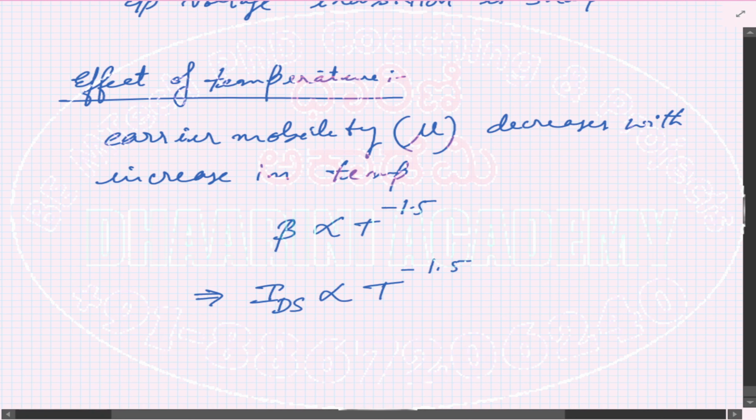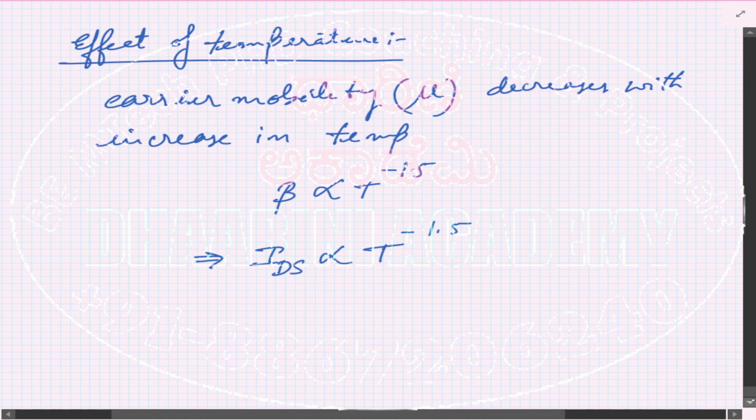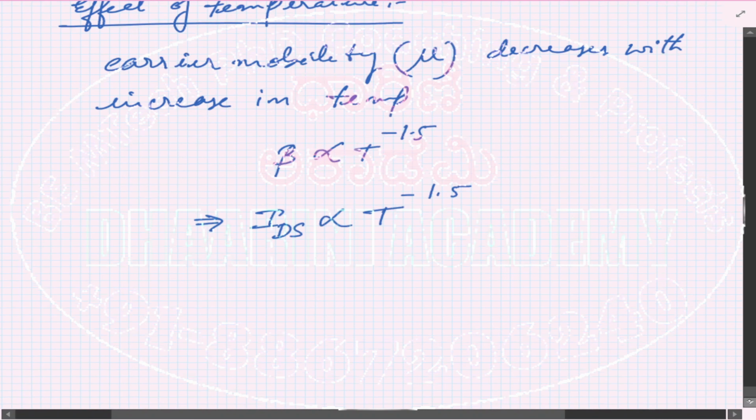As the temperature increases, current will decrease. That's the effect of temperature. Just explain this itself: 1 mark for the sentence, 1 mark for the equation. Normally this is a 2 mark question. Then we have the next topic, that is input low voltage.